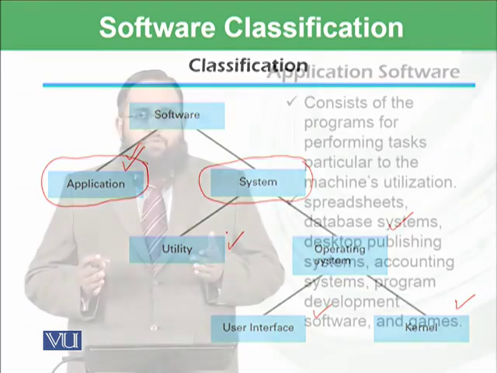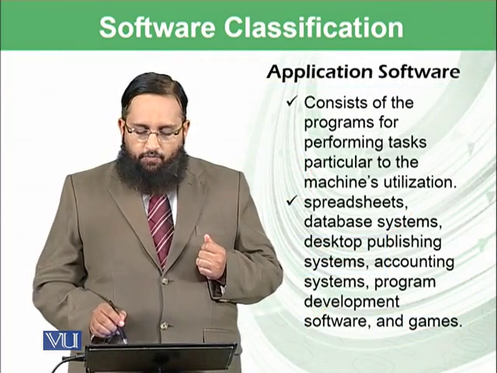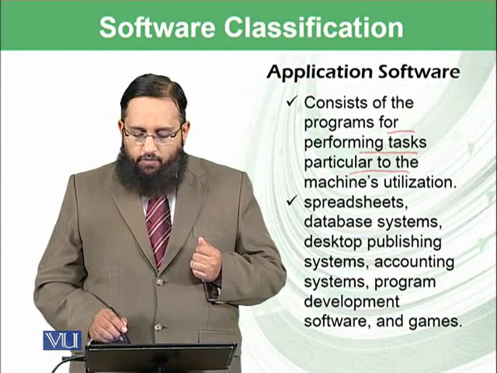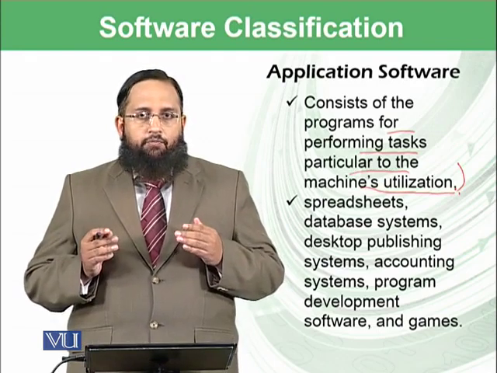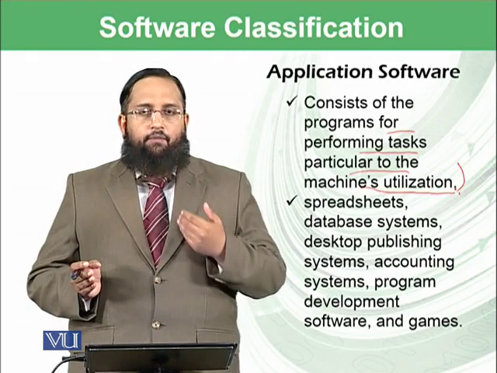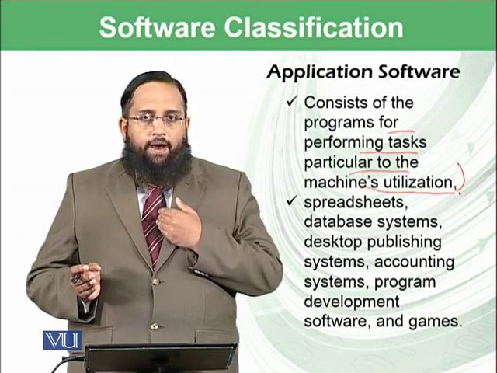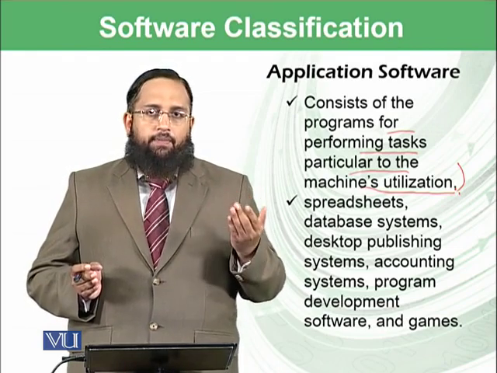The application softwares are those that consist of programs for performing tasks particular to machine utilization. We have made the machine, and why we want to utilize this machine depends upon our requirements.